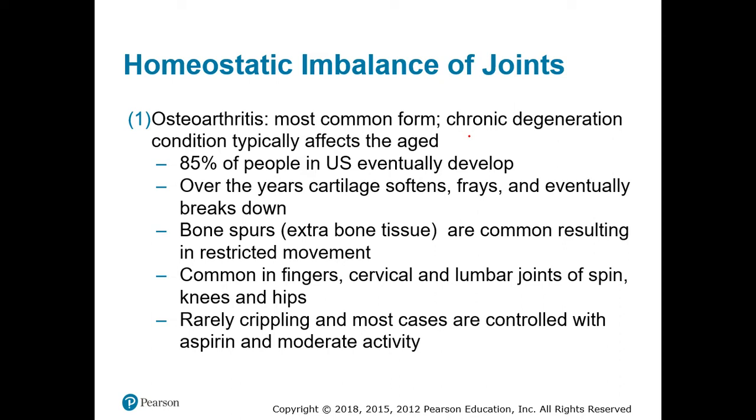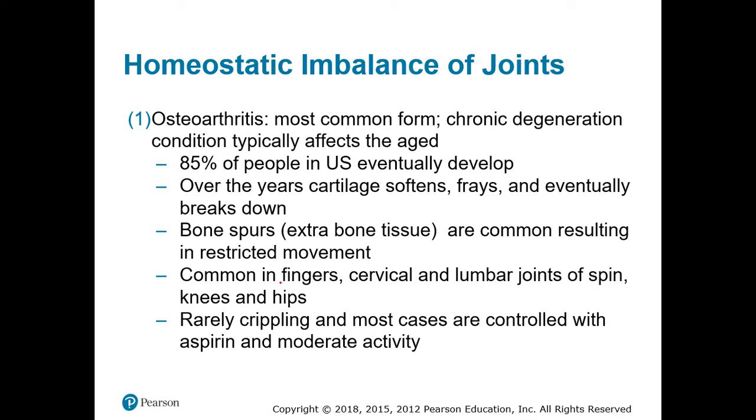That's because over the years of use, cartilage starts to soften, fray, and break down. You also see bone spurs, which are just extra bone tissue, and they commonly result in restricted movement, so you don't have as much flexibility as you used to.